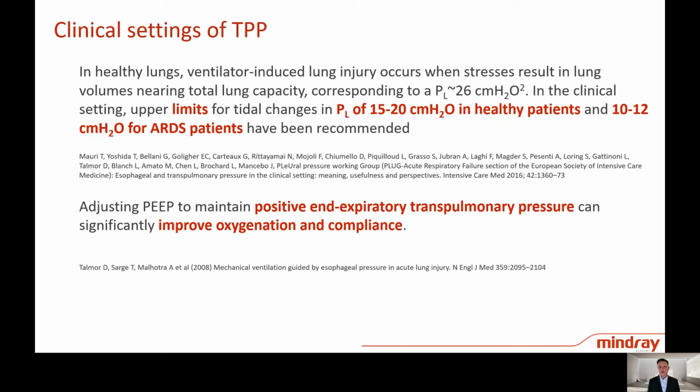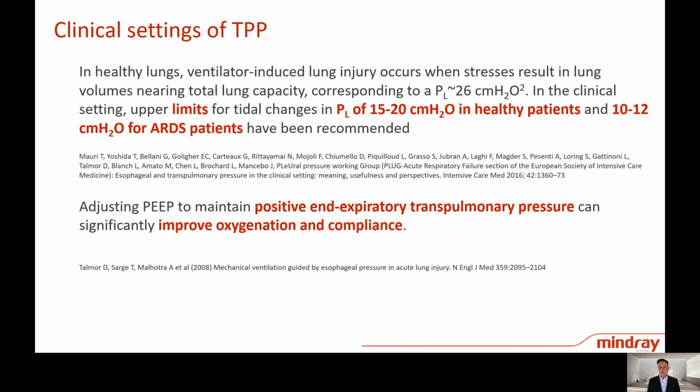Clinically, that means that the group recommends not to exceed transpulmonary delta pressures of 15 to 20 centimeters of water in healthy patients and 10 to 12 centimeters of water in ARDS patients.